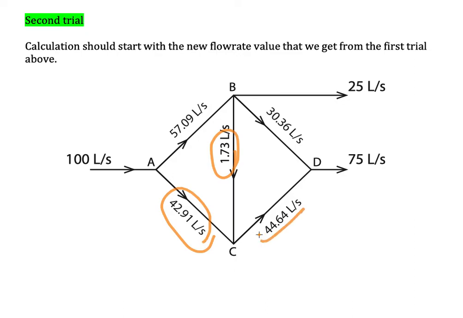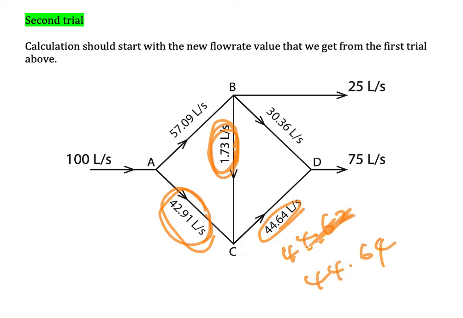For example, in your calculation the value here is 44.62, but the total of this value is 44.64. So you need to delete this value and use the new value, again balancing the inlet and the outlet to be correct. And then this is the starting page for your second trial.